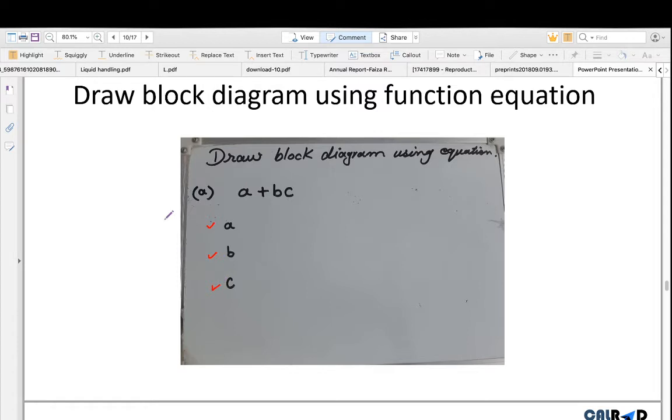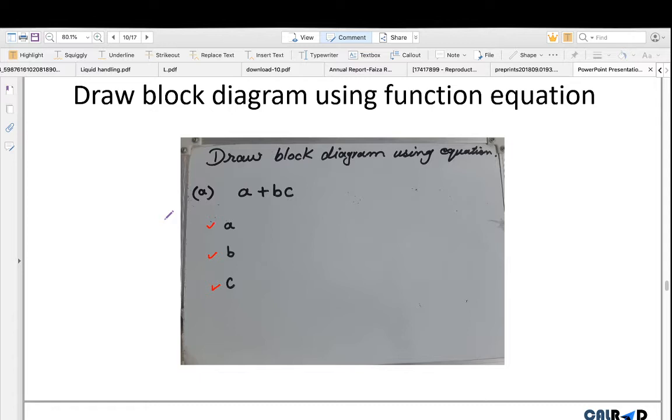Now the second thing is that we should think about which gate will be used. Previously we learned that the AND gate gives the product of both inputs.